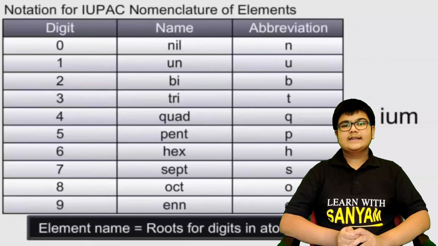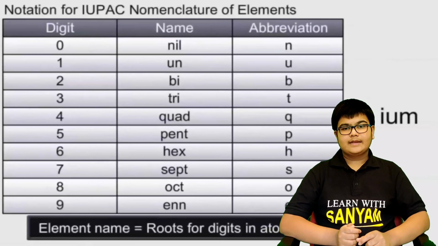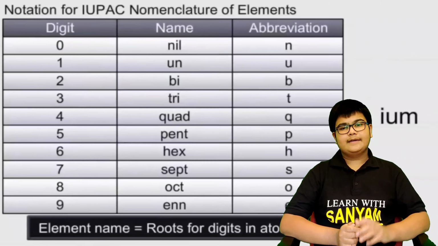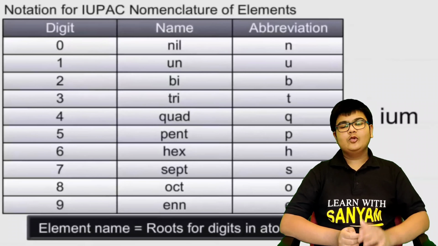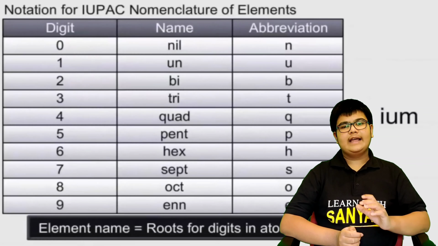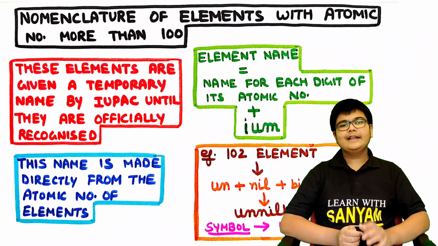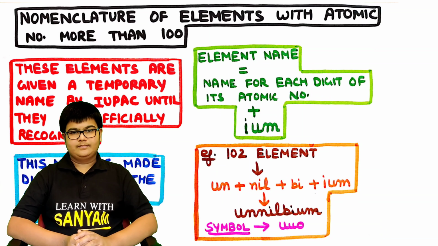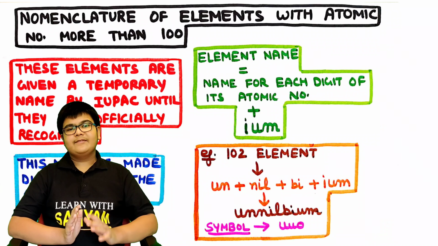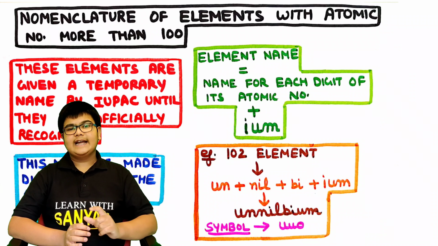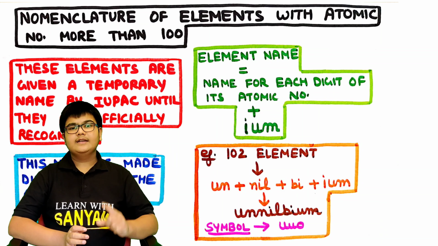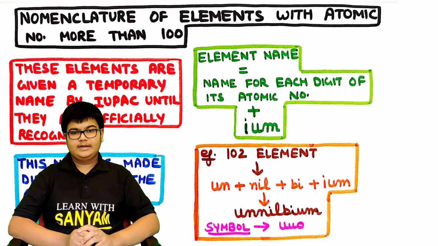Now what we do is, to write the element name, we take the atomic number for each digit. So let's say we have to give a name to an element which has an atomic number of 102. So what we will do is write the name for each digit. In 102, you can see that there are 3 digits, 1, 0 and 2.